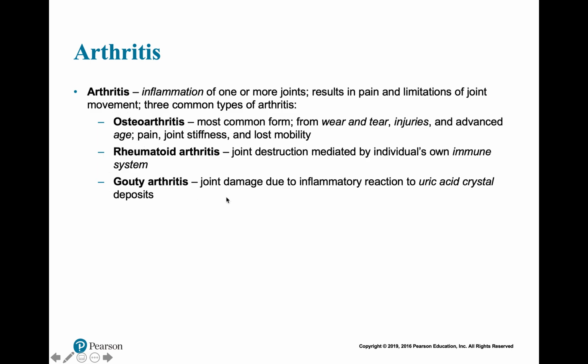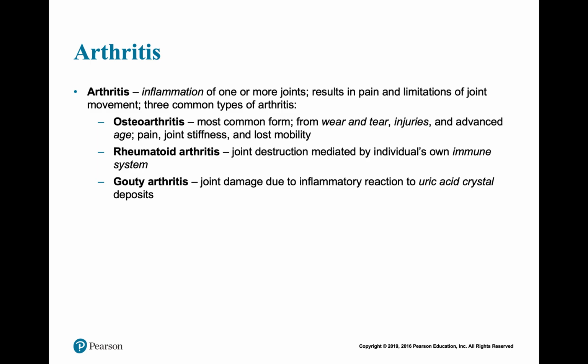And the three most common types of arthritis or joint inflammation are, first, osteoarthritis. This is the most common form, and think of it as just due to normal wear and tear over time, little injuries that accumulate over time, and advanced age. So as we age, our joints aren't as good at producing synovial fluid, all right?